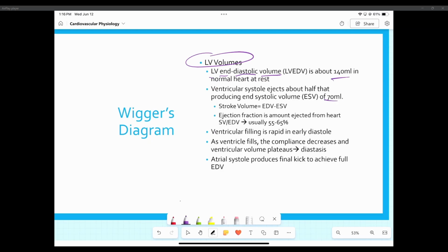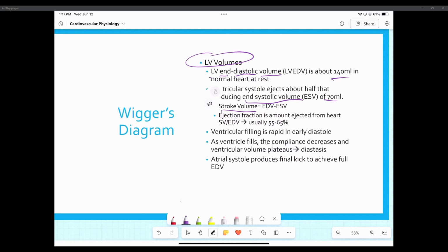We measure that by your end systolic volume. At the end of systole, how much blood is left in the heart? If you subtract those two numbers, it gives you our stroke volume. How much blood came out with every beat? This is a very important number because it tells us how well the heart contracts.